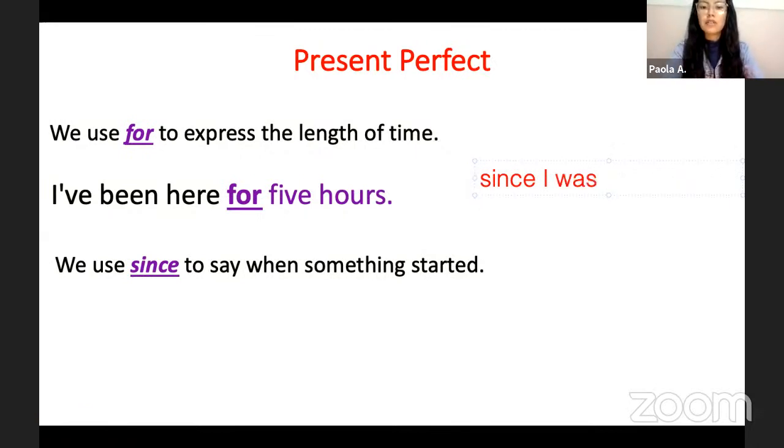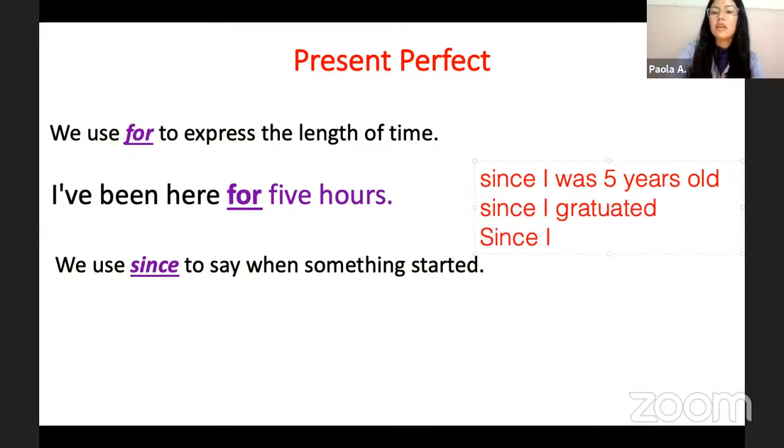Since I was 5 years old, or since I graduated. These are just examples, no? Or since I was, could be up to you, no? So we're expressing a period of time, and when I'm saying since, remember, it's when it started. Keyword.